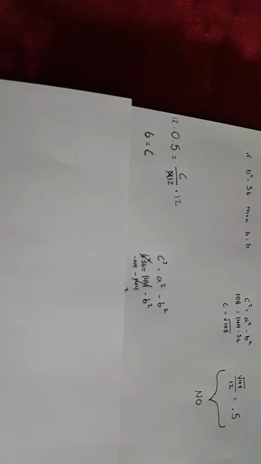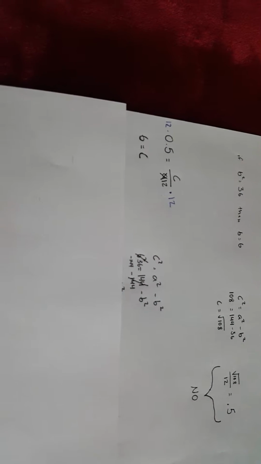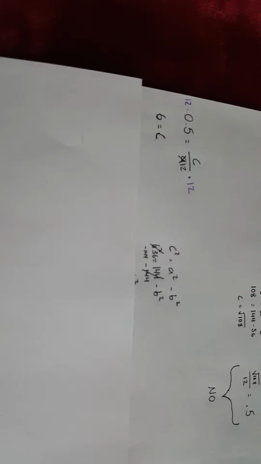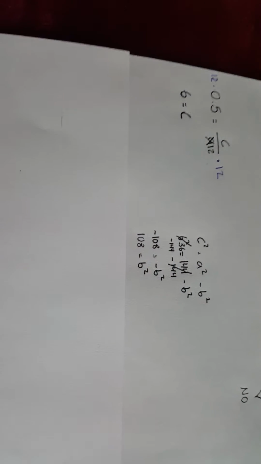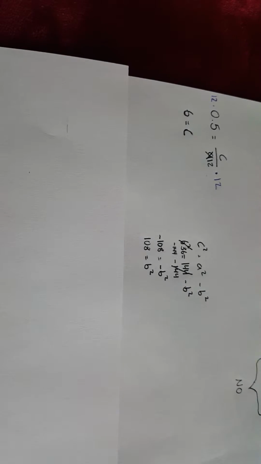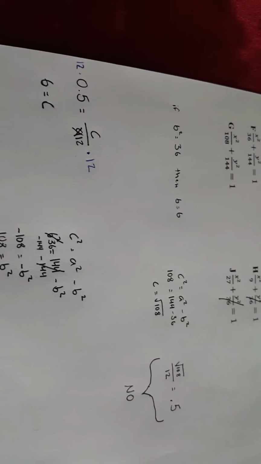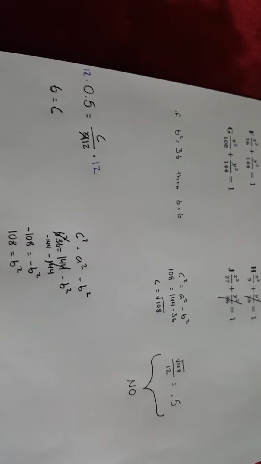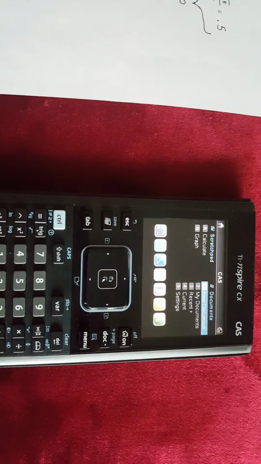Now we go back to the equation c squared equals a squared minus b squared and plug in the values again. c squared equals 12 squared minus b squared, which would be 36 equals 144 minus b squared. Now you subtract 144 from both sides to get negative 108 equals negative b squared, or 108 equals b squared, which checks out with letter G, and that is the correct answer.